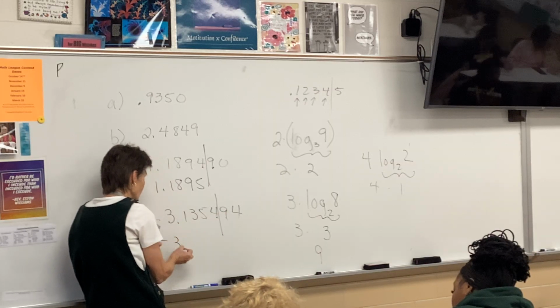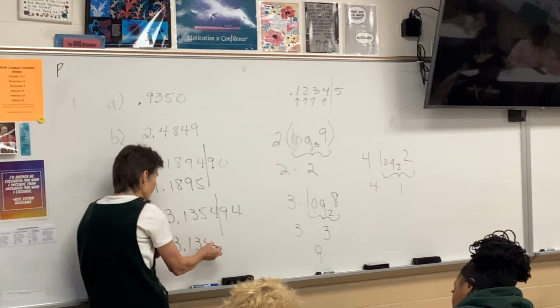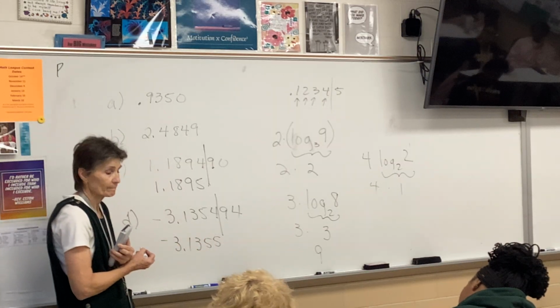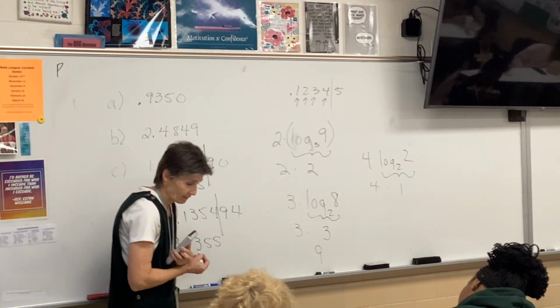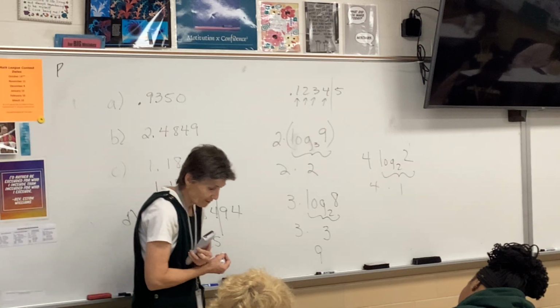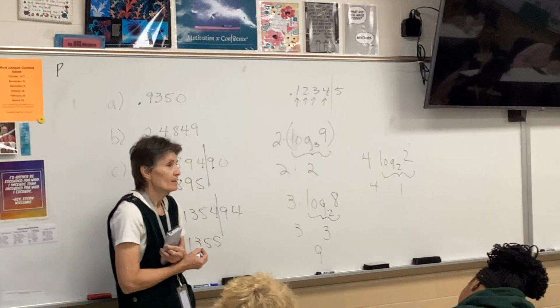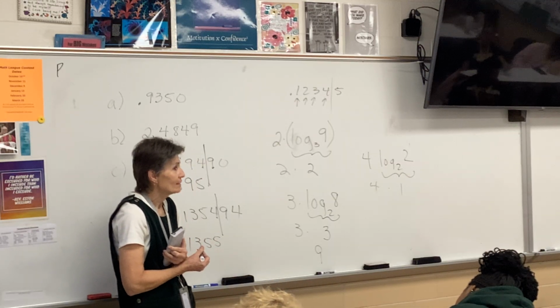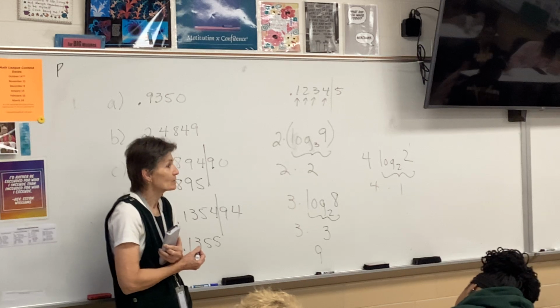So negative 3.1355. What about F and G? They're not going to work because you can't take the log of a negative. It doesn't work. You can't do it.